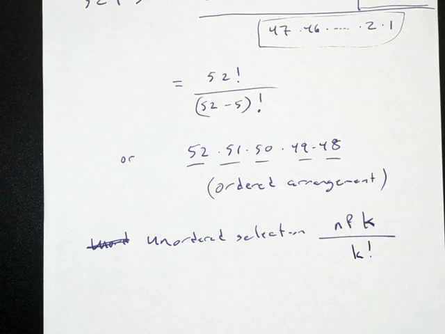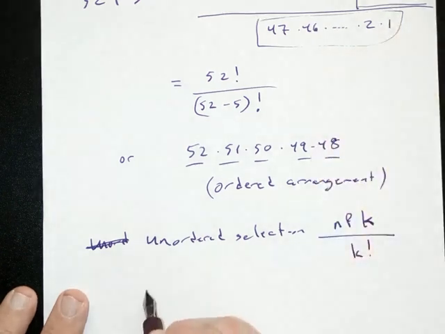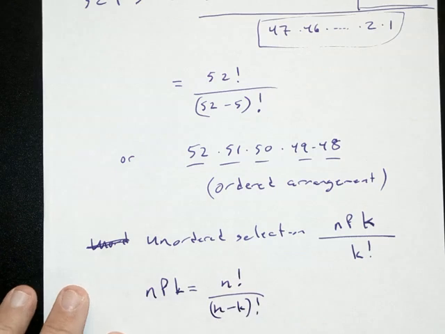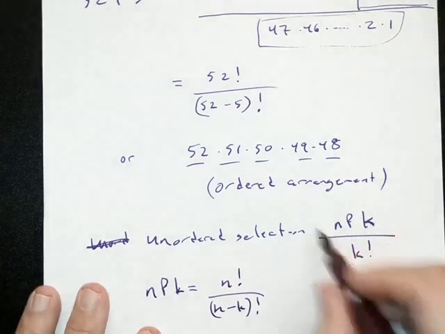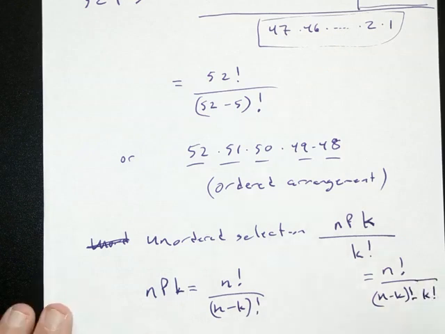And by the way, that means I can actually take a formula from up here. nPk is n factorial over n minus k factorial. This thing is going to be n factorial over n minus k factorial times k factorial on the bottom. We're going to give that another name.